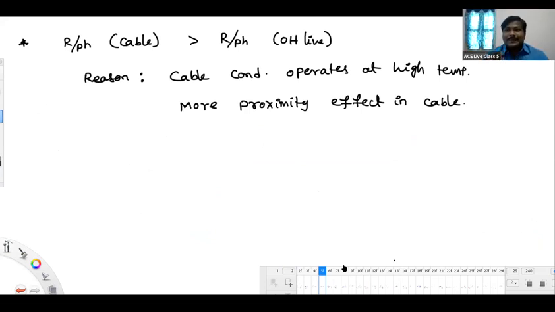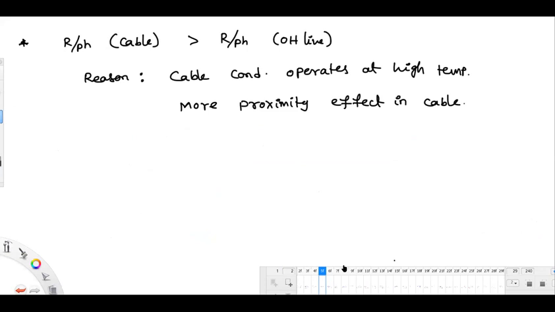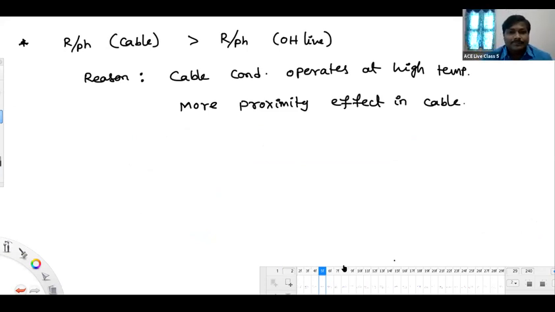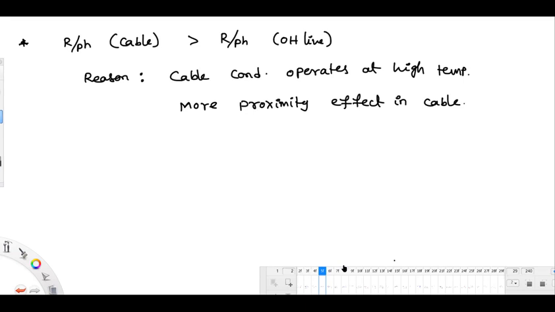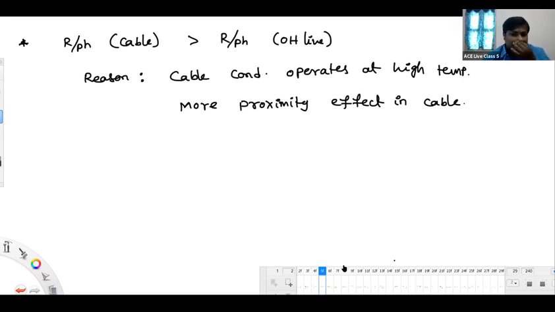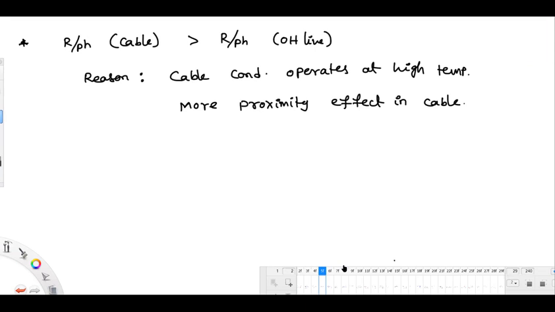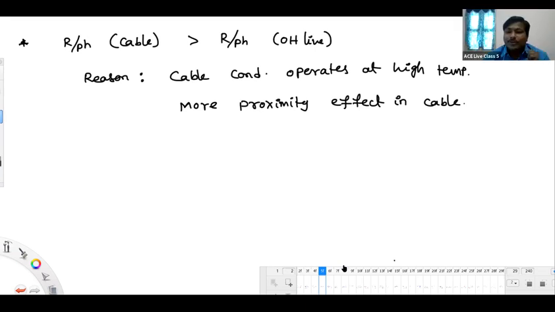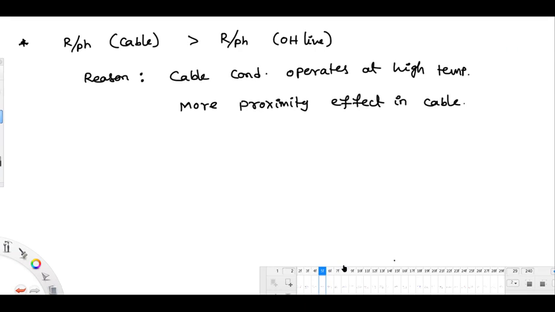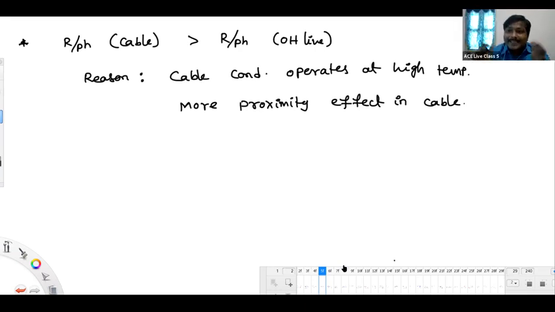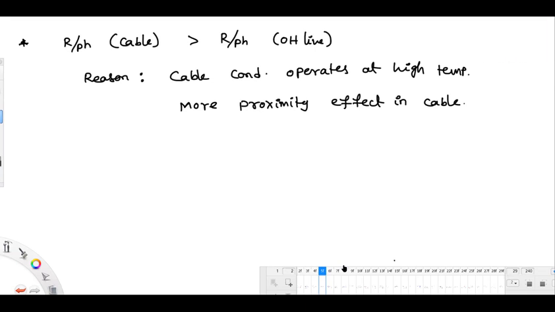Thermal expansion is along the length, it may not become large along the radius. So, Vishnu, you are comparing two things: one is the thermal expansion coefficient, the next is the temperature coefficient of resistance. Among the two, the one which is dominating will cause the major change in the resistance. Okay, sir.